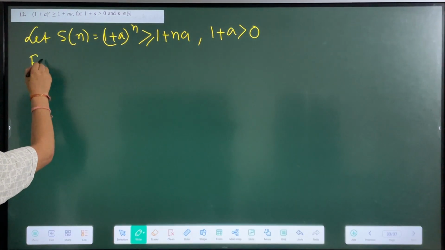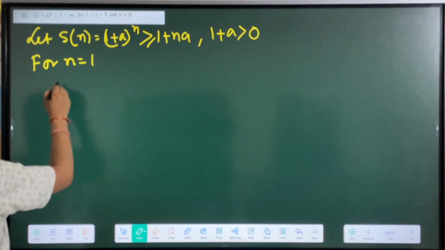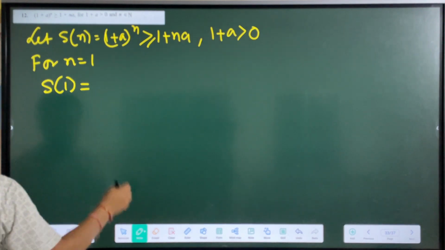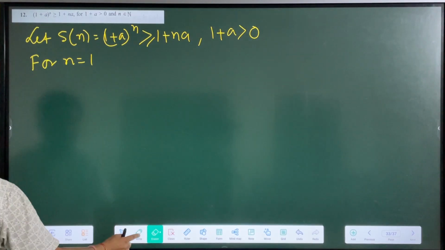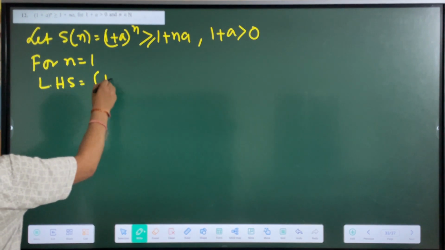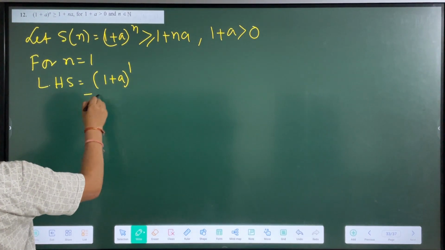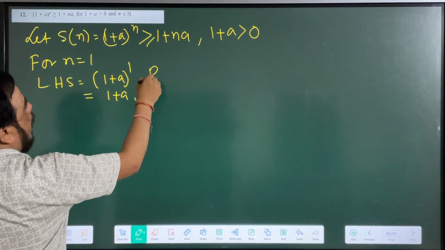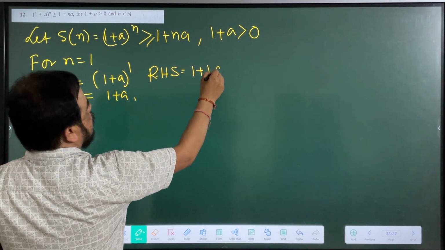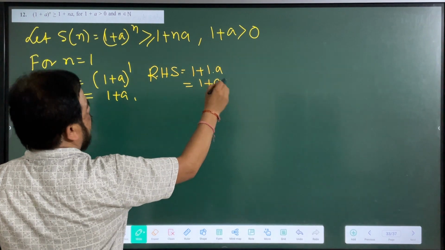So for n equals 1, S1: LHS is 1 plus a to the power 1, so 1 plus a. RHS is 1 plus 1 into a, so 1 plus a.